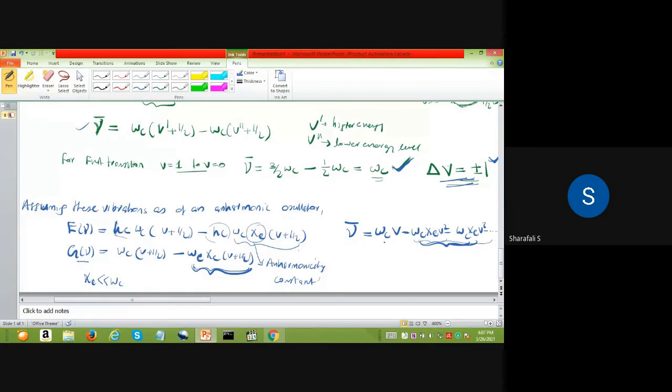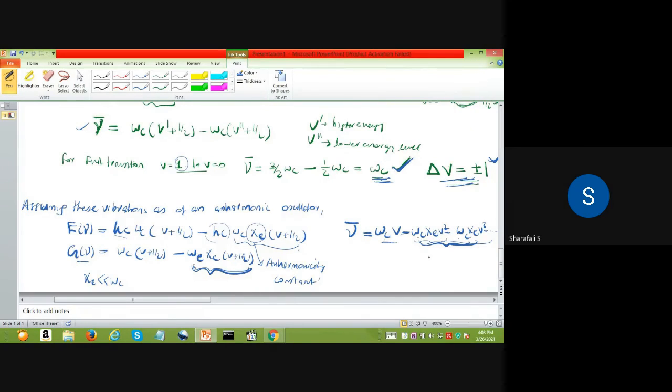This is for your first case, where we have V equal to 1. That's why it comes out as omega C only, since the difference in the V value between these two levels is equal to 1. So we get omega C into V, which becomes omega C here, and here we have omega C V minus omega C xC V squared, minus omega C xC, etcetera.